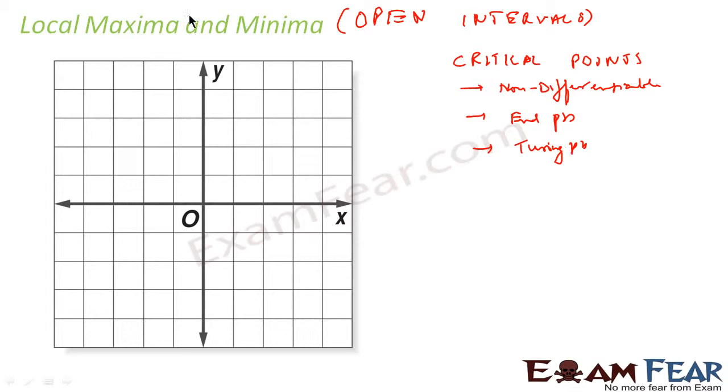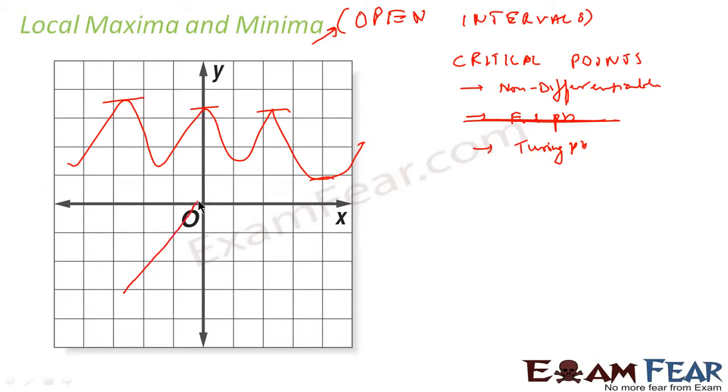Now, in case of local maxima and minima, we are talking about open intervals. Since we are talking about open intervals, endpoints are not in place. Since there is no question of endpoint, the critical points here can be either turning points or non-differentiable points. For example, if this is my function, I'll talk about the turning points where it can have local maxima and minima.